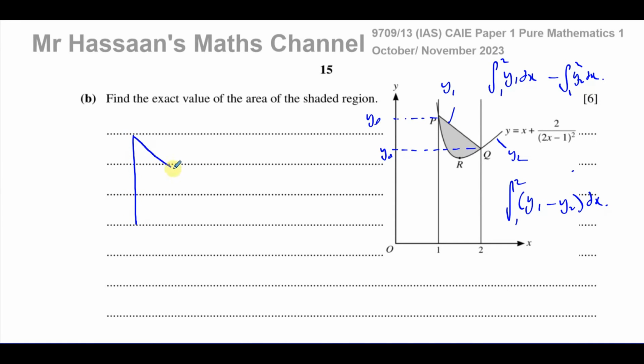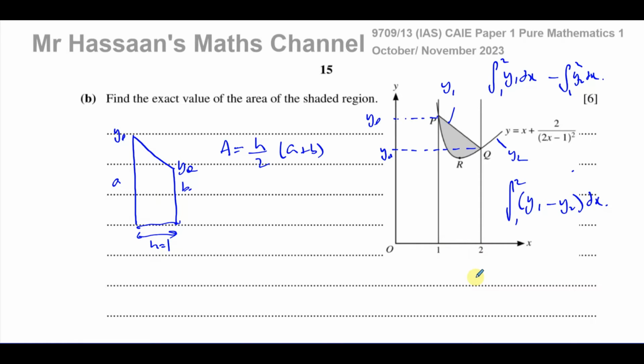We know that the area of a trapezium is given by the distance between the parallel sides, that's h, over 2 times the sum of the parallel sides, which are these two lengths here. The length up here is the y-coordinate of P, and this is the y-coordinate of Q. So the y-coordinate of P gives me this length, the y-coordinate of Q gives me that length, and h is equal to 1, as we can see. It's the difference between these two.